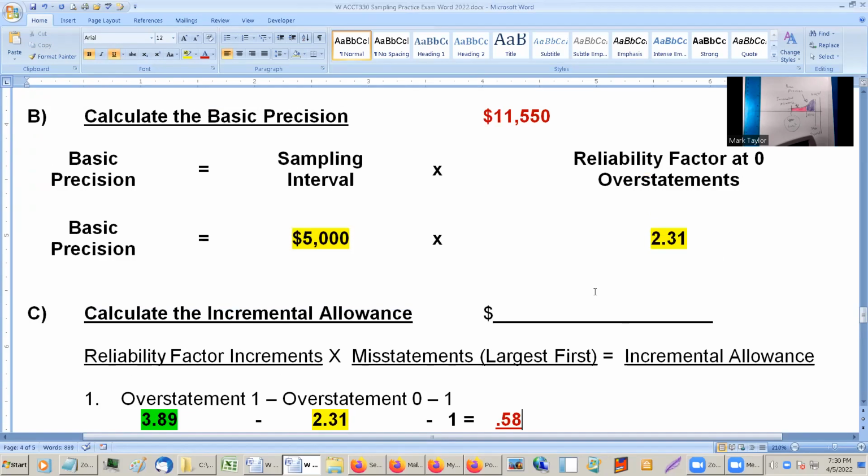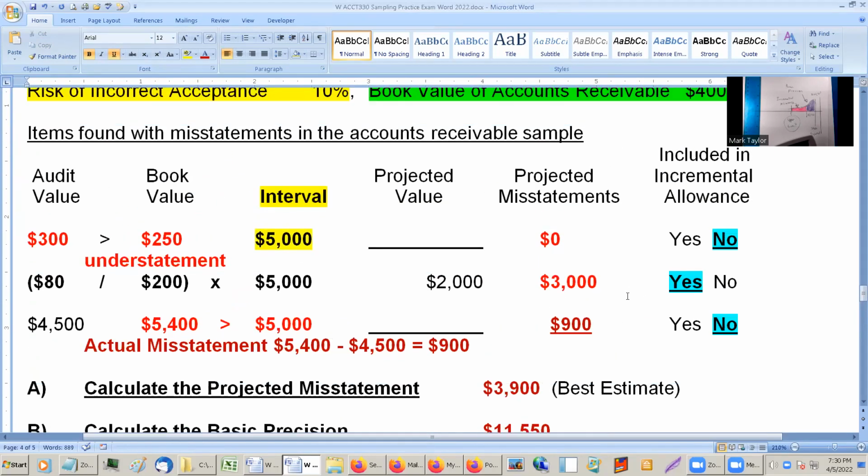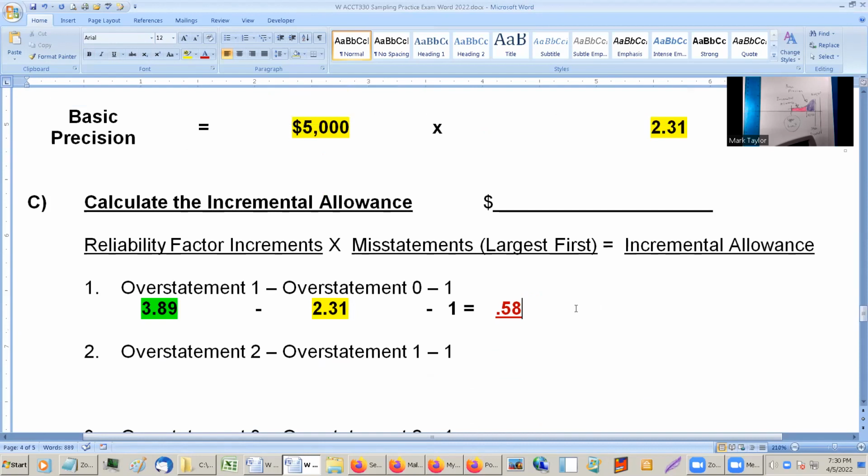So we're going to take 0.58 times, we only have one on here, there's only one misstatement. You take the largest one. In this case, it's the only one, 3,000.